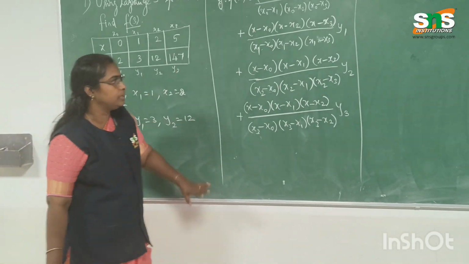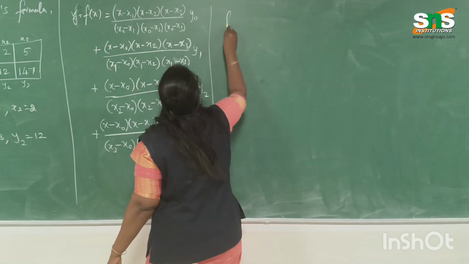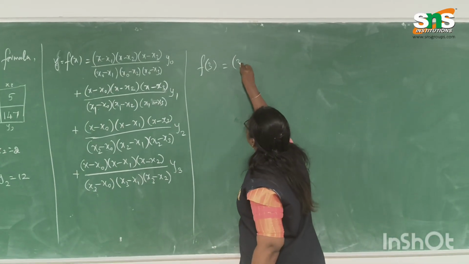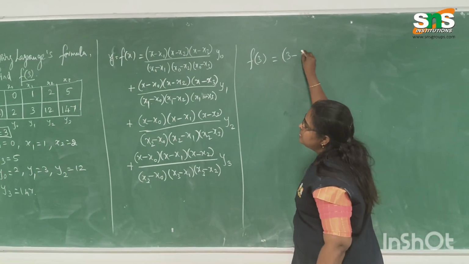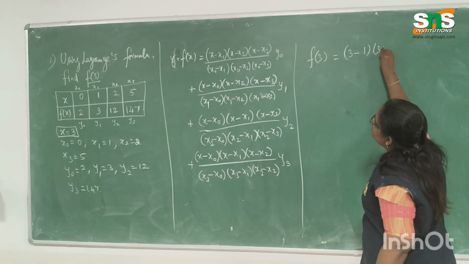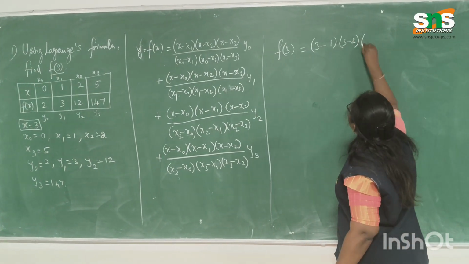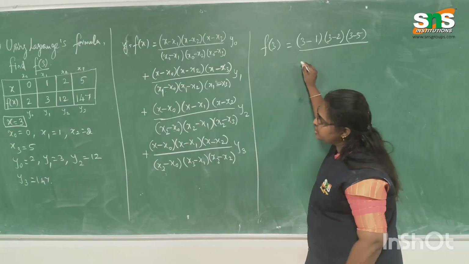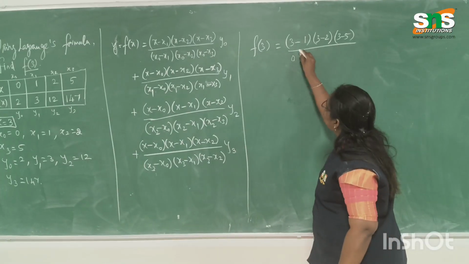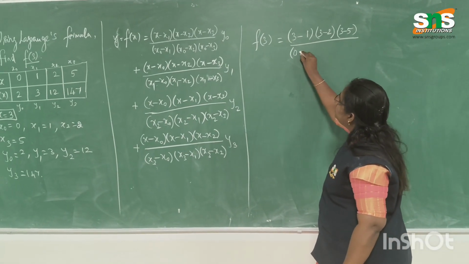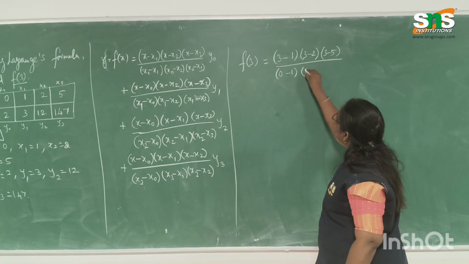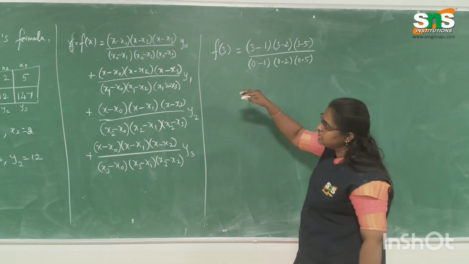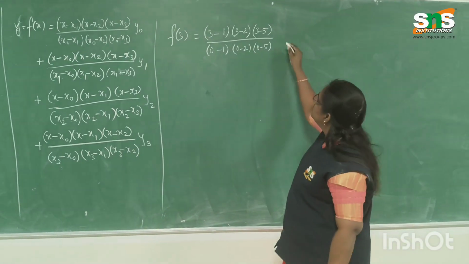F of 3 equals (3 minus 1)(3 minus 2)(3 minus 5) divided by x0 is 0, so (0 minus 1)(0 minus 2)(0 minus 5), and the corresponding y0 is 2.